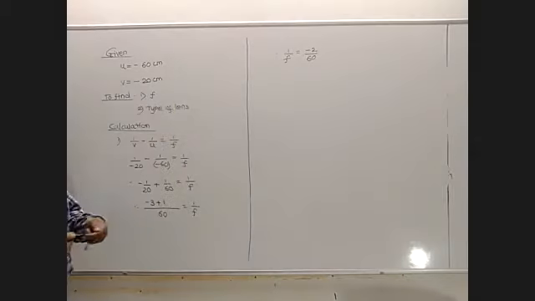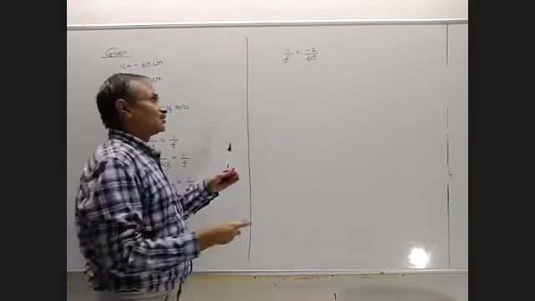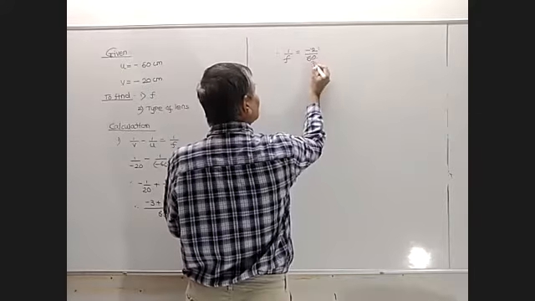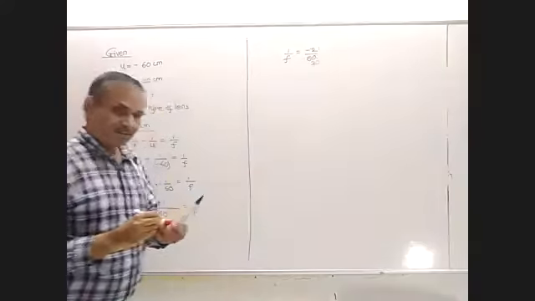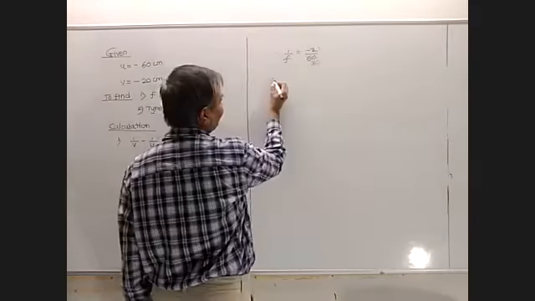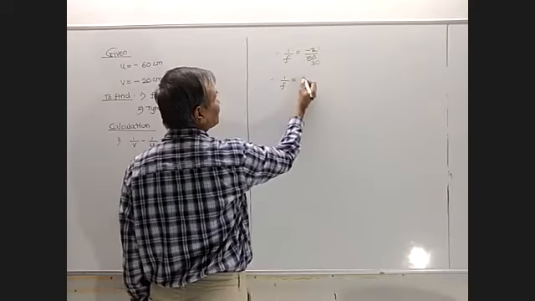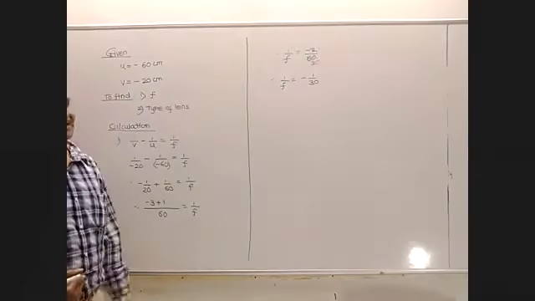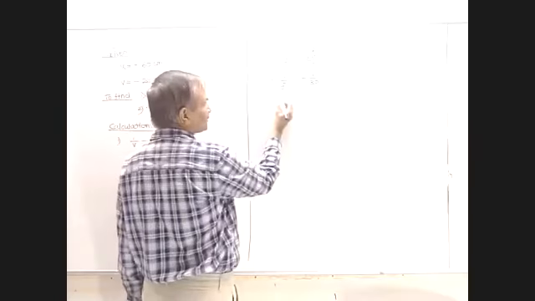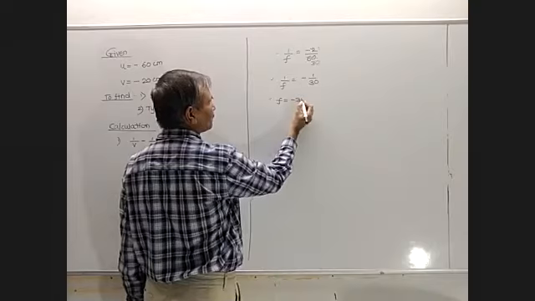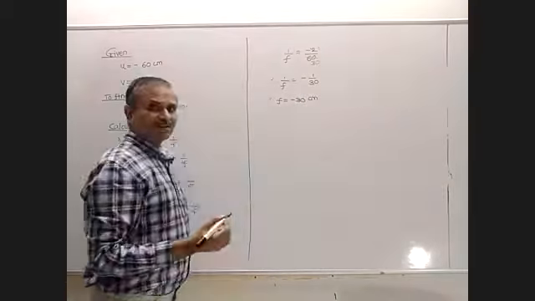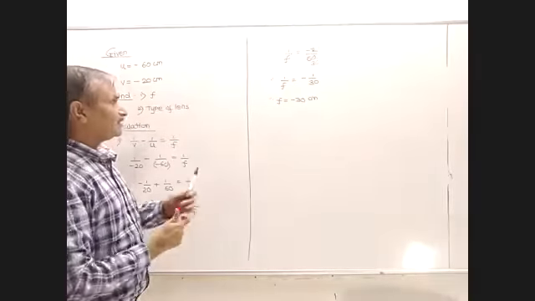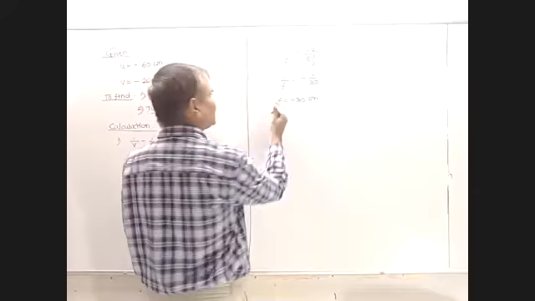Now 2 ones are 2, 2 thirties are 60. So therefore 1 upon f is minus 1 upon 30. If you take the reciprocal, f is equal to minus 30 centimeter. Means the focal length is minus 30 centimeter.